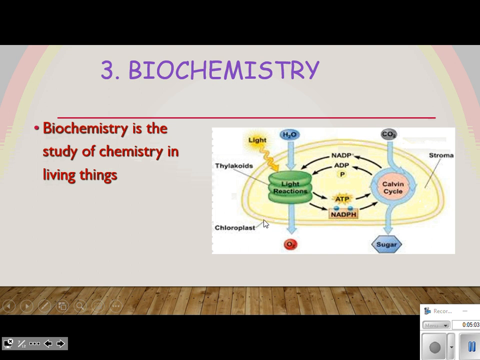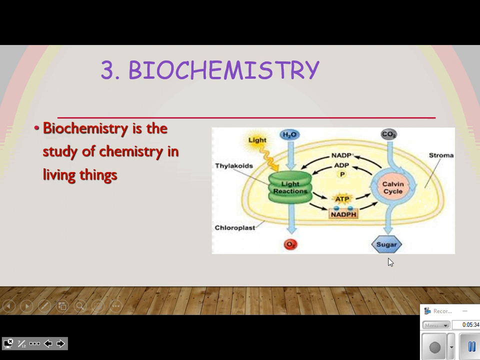This is a chloroplast. Well, what happens at the chloroplast? Photosynthesis, right? You've heard of photosynthesis. This is biochemistry because look at this. Here is light, here is water, here is carbon dioxide reacting in a chemical reaction, and it's producing oxygen and glucose, which is a sugar.